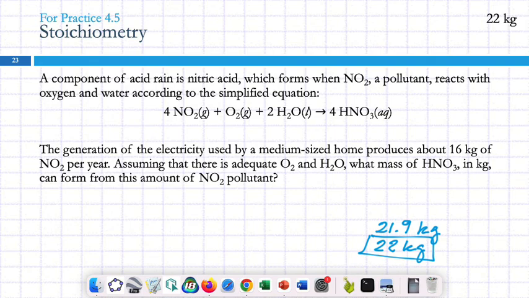I want to show you a way that you can avoid putting all those conversions in there. Just ignore those symbols at the bottom there. So we're starting with 16 kilograms of NO2.